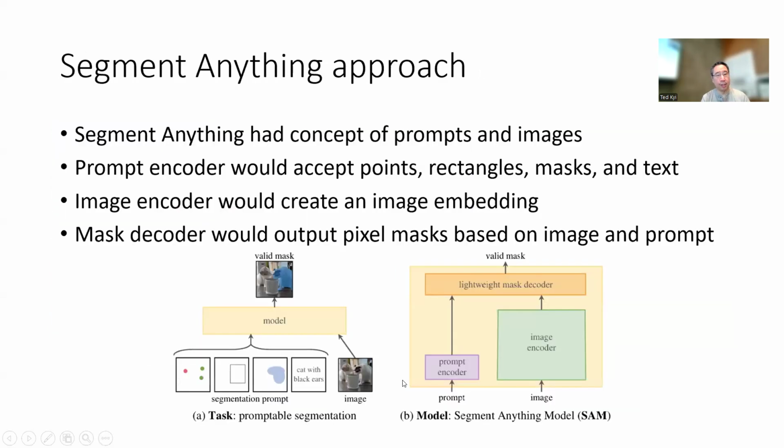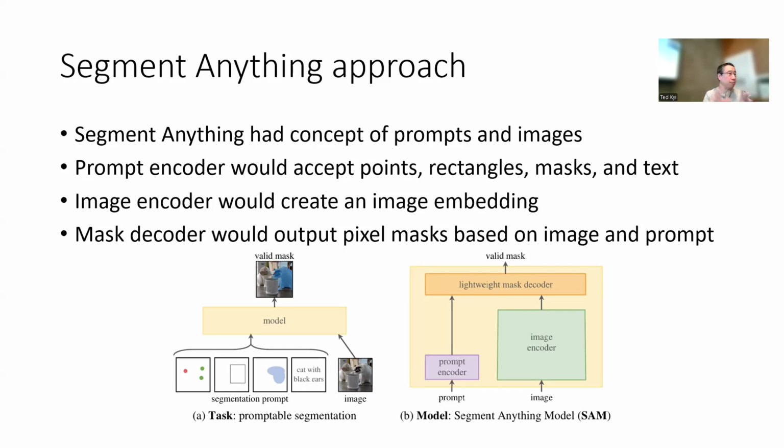All right, so how does it do this? First they had to come up with the idea that we are going to turn this into a prompted task. So we're going to have a prompt, and then we're going to have images. The prompt encoder can accept basically a point or a rectangle, and because of the way you can improve upon things, it'll also accept a mask.